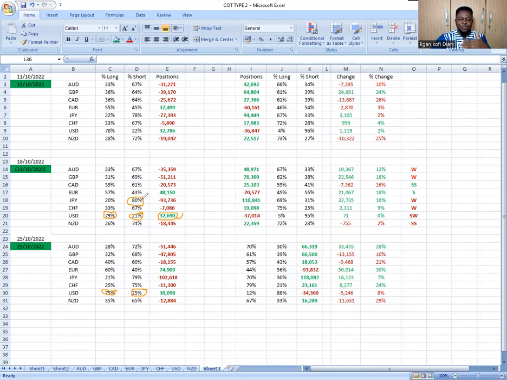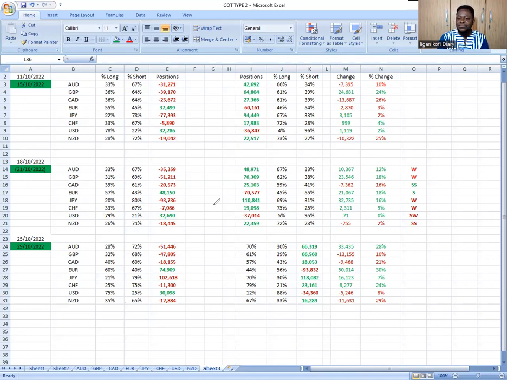It means JPY is beginning to gain some strength, because the total number of sellers on JPY were 80% last week, and now it has reduced to 79. JPY is beginning to gain some strength.